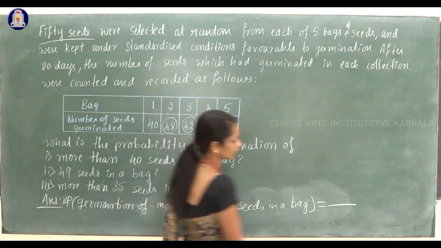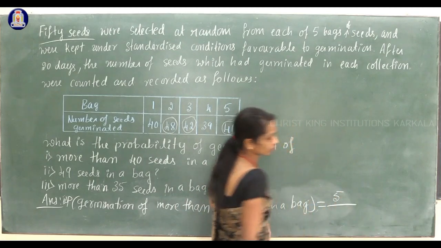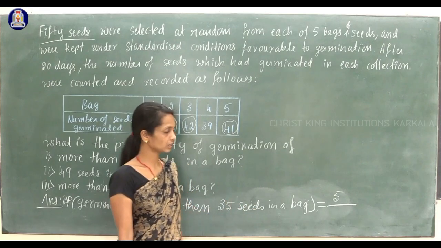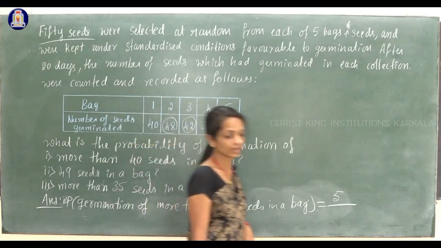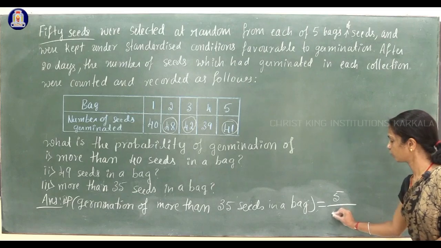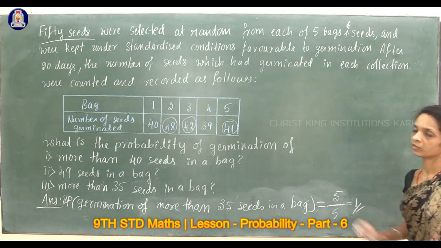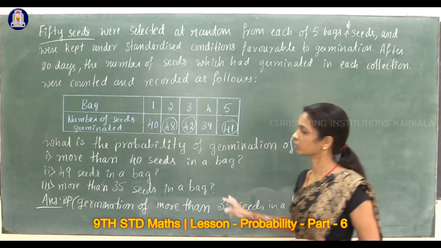So in the numerator you have to write 5, dividing by the total number of bags, also 5, and 5 by 5 gives you 1. So 1 is the probability of the third event.